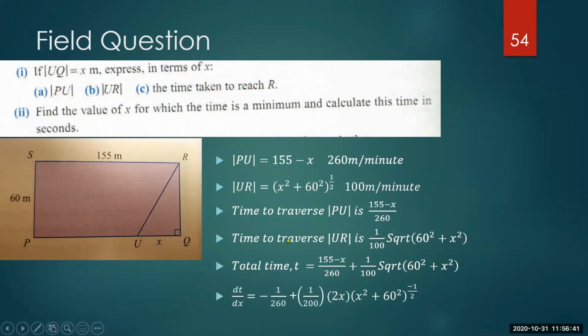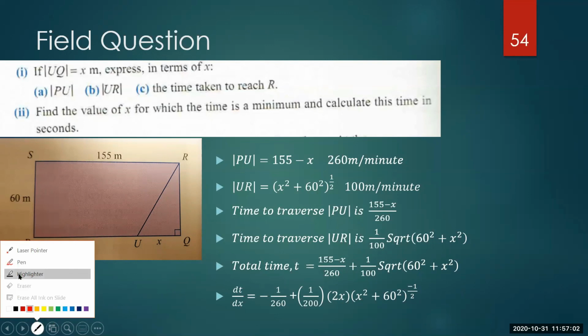And dT/dx is equal to minus 1 over 260 plus 1 over 200 multiplied by 2x into (x squared plus 60 squared) to the power of minus 1 over 2. So let's break this out. We differentiate the first piece first.